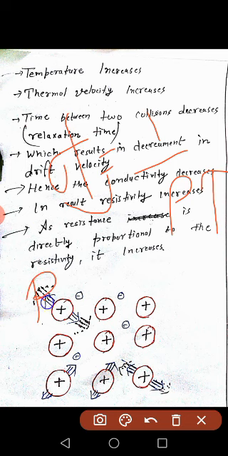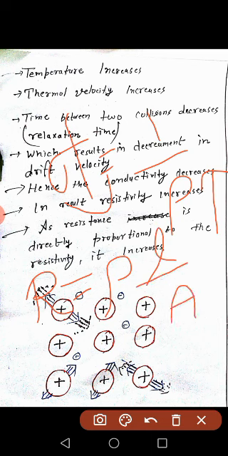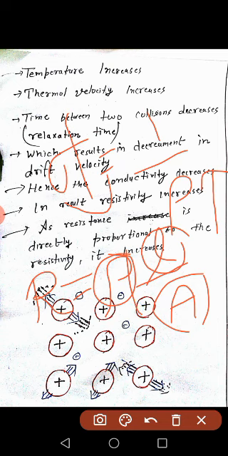Because we know the very famous formula R = ρL/A. If the length is constant and the area is constant, then we can understand that if the resistivity increases, the resistance will also increase.